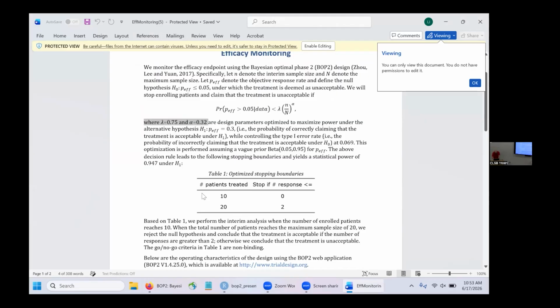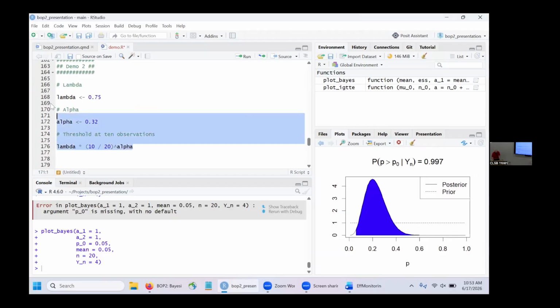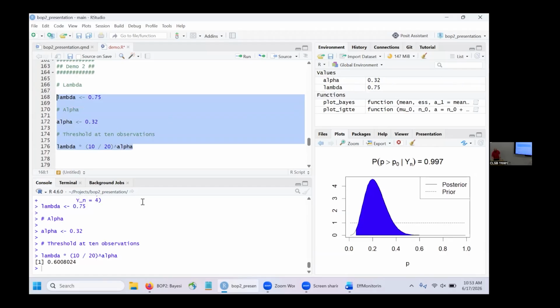Lambda equals 0.75. So at 10 observations, our threshold would be 0.6. So if our posterior probability is below 0.6, we would stop.